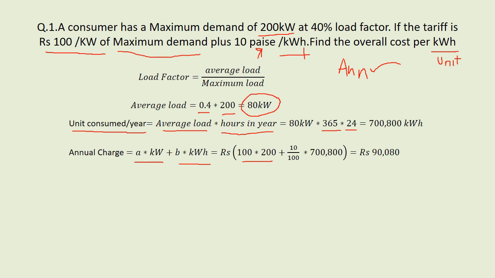Of means multiplication, so 100 into 200, plus 10 paisa. 10 paisa means 10 upon 100, this is your conversion into rupees, and then multiplied by your kilowatt hour. So this is the yearly amount, that is the cost, the annual charge for consumption of this much amount of energy.